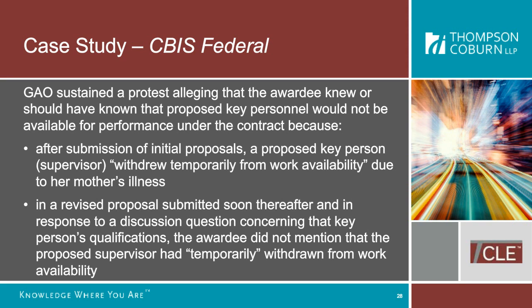She said, I'm withdrawing temporarily for work availability because her mother was ill. So shortly after that, in a revised proposal submitted by that offeror, and in response to a specific discussion question concerning that supervisor's qualifications, the awardee didn't mention that that person had temporarily withdrawn from work availability.